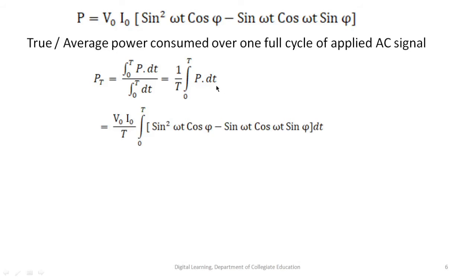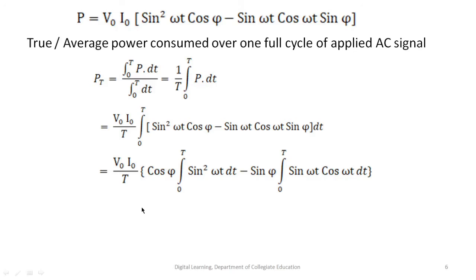Substituting the value of P, that is V naught I naught into sin square omega t cos phi minus sin omega t cos omega t sin phi, we get P T equal to, here V naught I naught will be constant. Taking it outside the integration, V naught I naught divided by T integration from 0 to T of sin square omega t cos phi minus sin omega t cos omega t into sin phi dt.